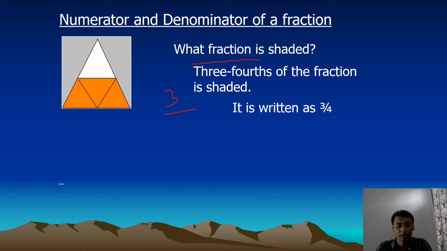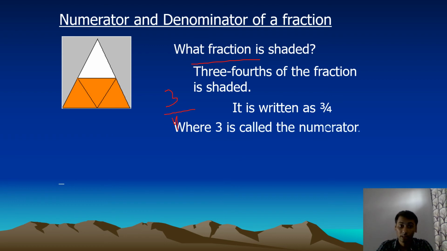Total four parts are there, colored or uncolored, and we write that as the denominator, because it is the whole total. So 3 by 4 of the fraction is shaded, and for the unshaded part, there is one unshaded part, so we write 1 as the numerator, and the whole is 4.